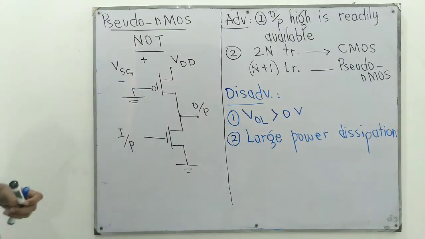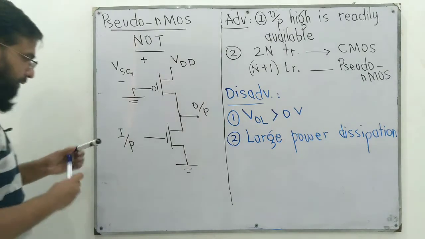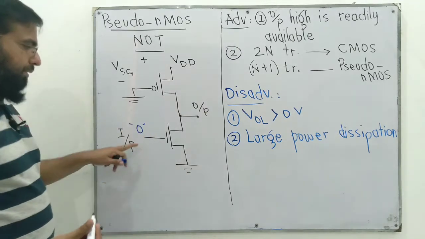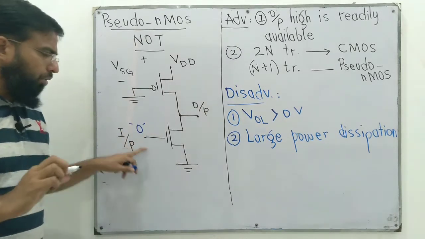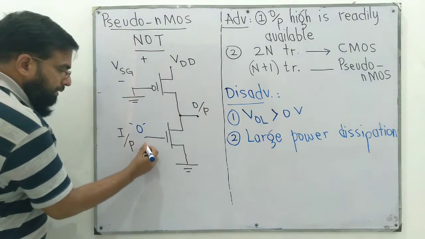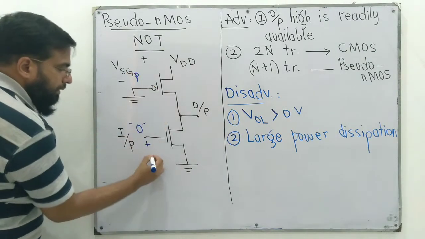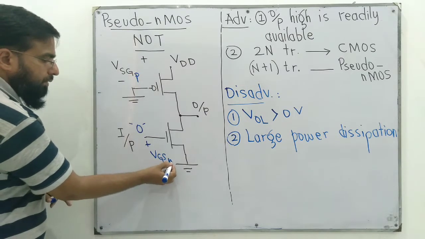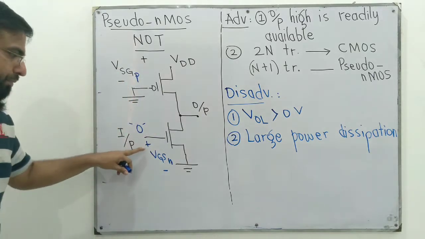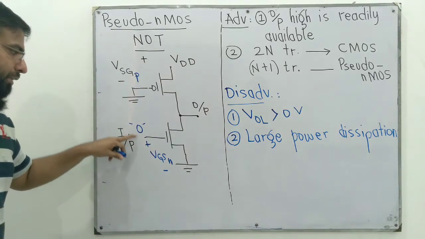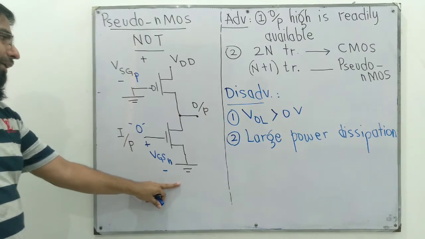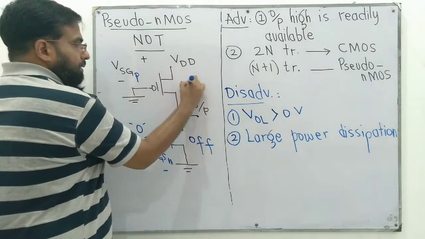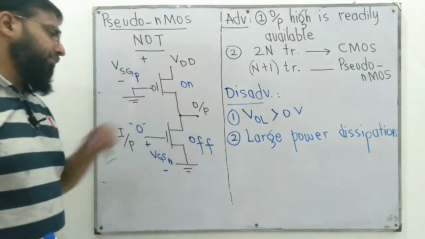So when the input is logic 0 for this NOT, this nMOS transistor will be off, because this is VSGP, this is VGSN, to differentiate that it is for nMOS, and this is the source to gate voltage for PMOS. So this VGSN is 0, because 0 minus 0 is less than VTN, therefore it's off. Therefore this transistor is off, and this is always on, providing VDD to the output.